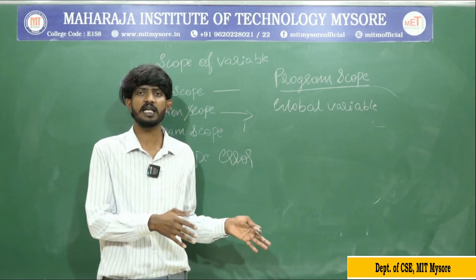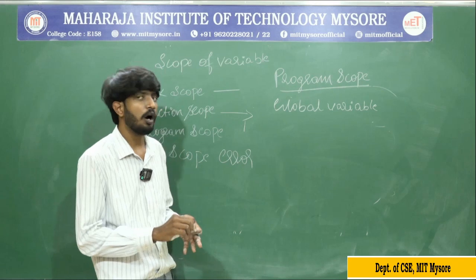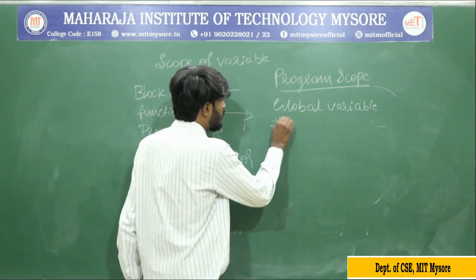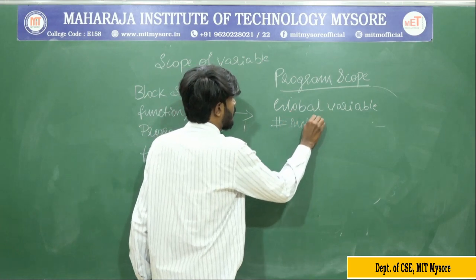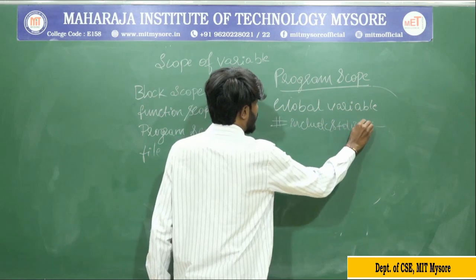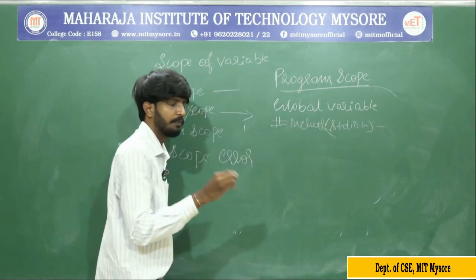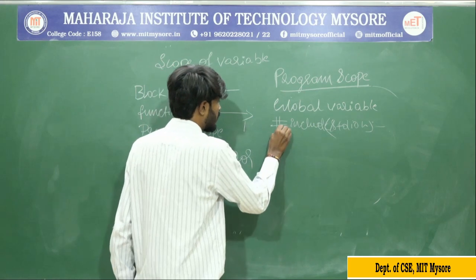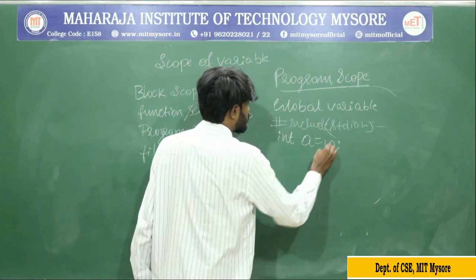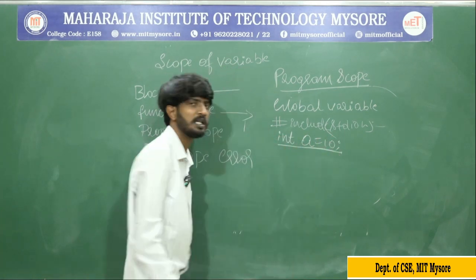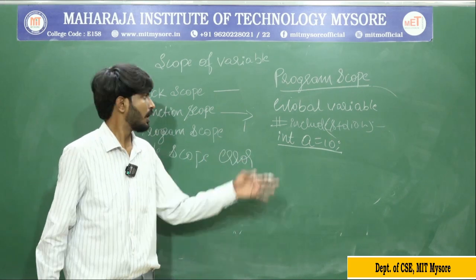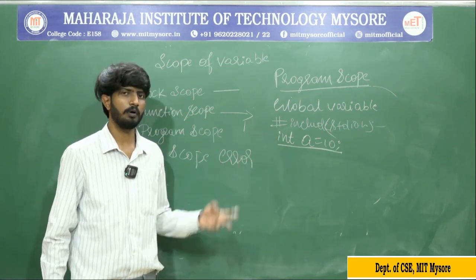So how do we declare a variable as global? Below the header files, before the main function, write int a equals 10. Now a has global scope. Global means it can be recognized anywhere in the application or program.